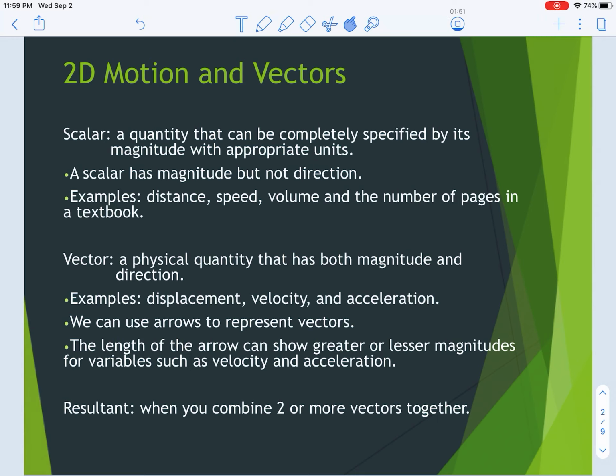And the length of that arrow is going to be used to represent the magnitude or the value of our variable. The resultant is a new vocabulary word that we have not discussed yet, and this is basically your outcome. Obviously, your result, the overall effect of combining multiple vectors.